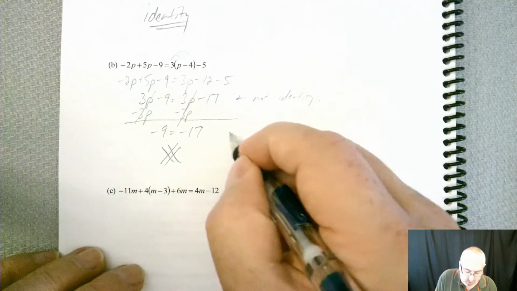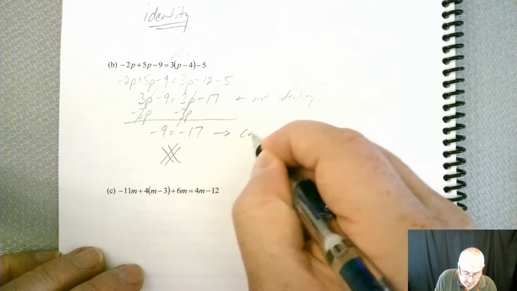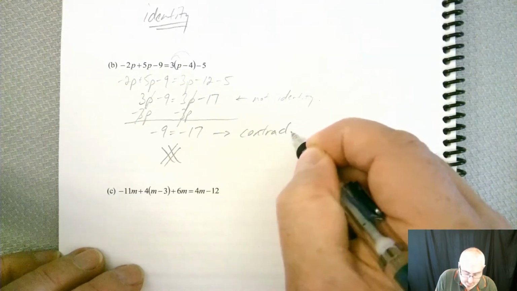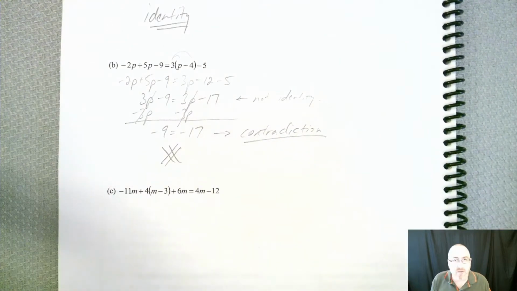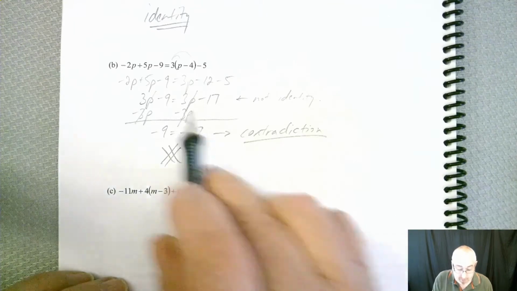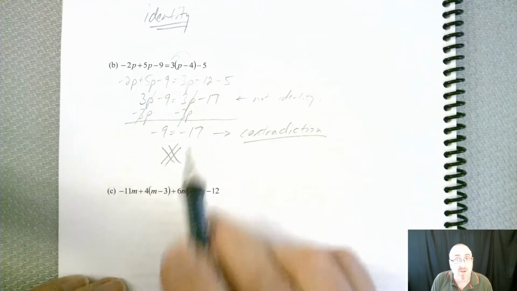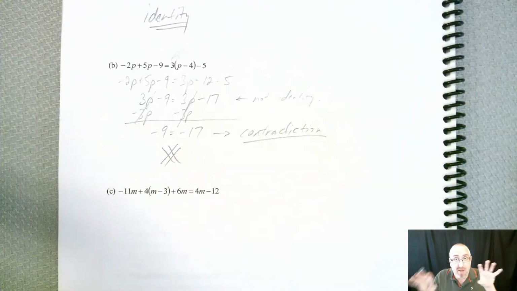So this one is going to be a contradiction. When you get a weird statement that just doesn't make sense at the end, it's a contradiction. But the big thing is that the variables cancel out completely. Because you had the same thing on both sides, it's just the number parts don't match up.